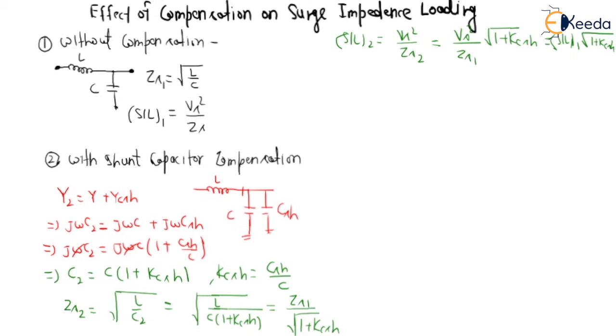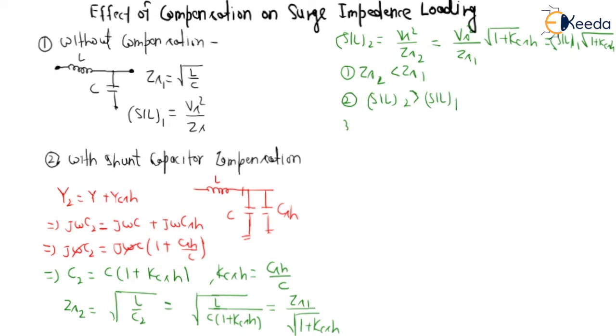From here we can observe the first point: Zs2 is less than Zs1. The second point is that SIL2 is greater than SIL1.